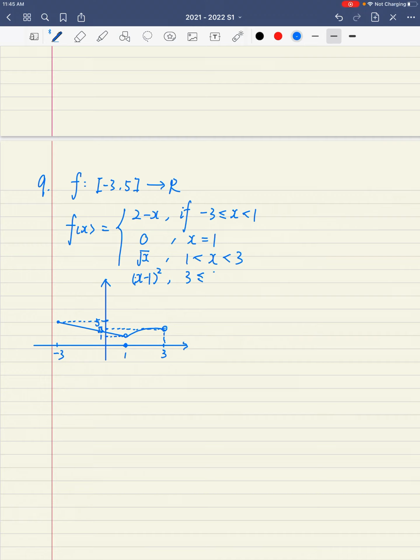Then the last part, x minus 1 squared, when x is greater or equal to 3 but less than or equal to 5. When x is 5, it's 4 squared, so the result is 16.